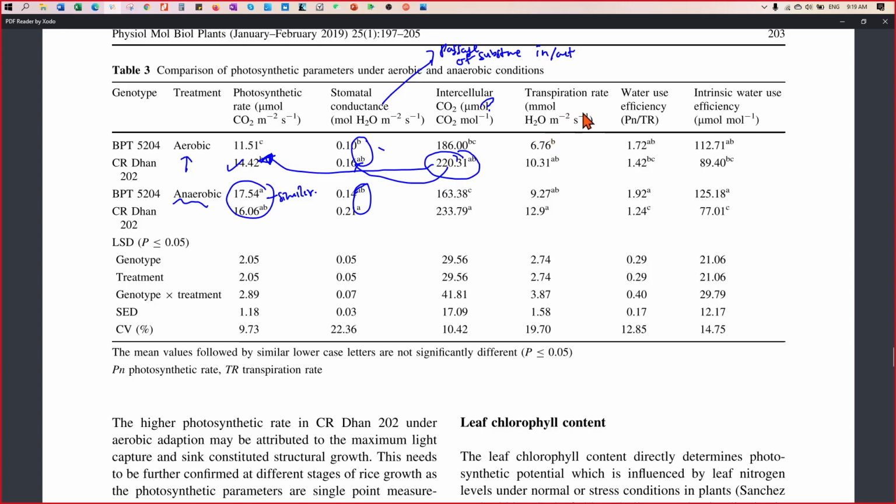Okay, transpiration rate. Transpiration rate actually is quite similar to stomatal conductance, but it doesn't tell you about the stomatal properties in the equation. No stomata.